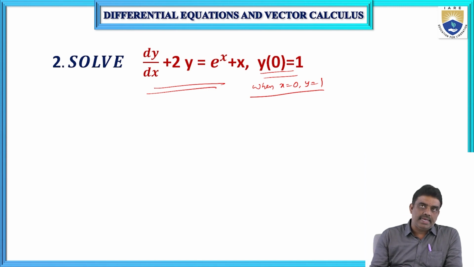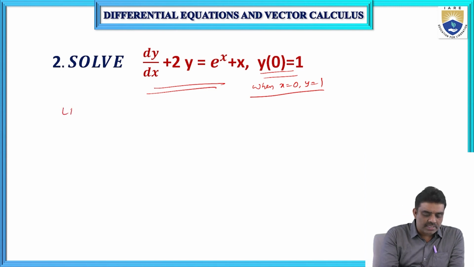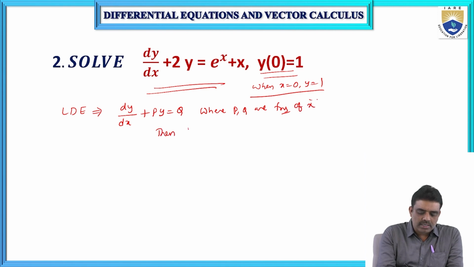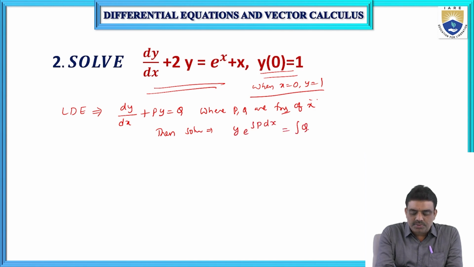You can observe that directly. So what is the linear differential equation? A differential equation of the form dy/dx + Py = Q, where P, Q are functions of x, then its solution is y into e^(∫P dx) = ∫Q into e^(∫P dx) dx + c.